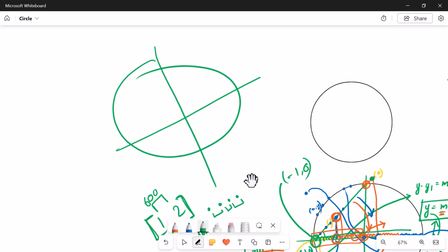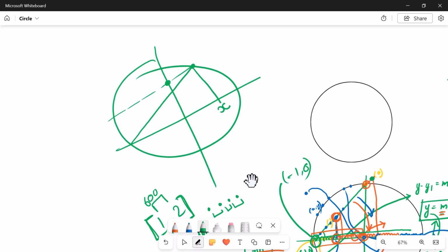So here it is. If we get to this point and we know what the x is, then we can use the equation of the line to calculate the y value.